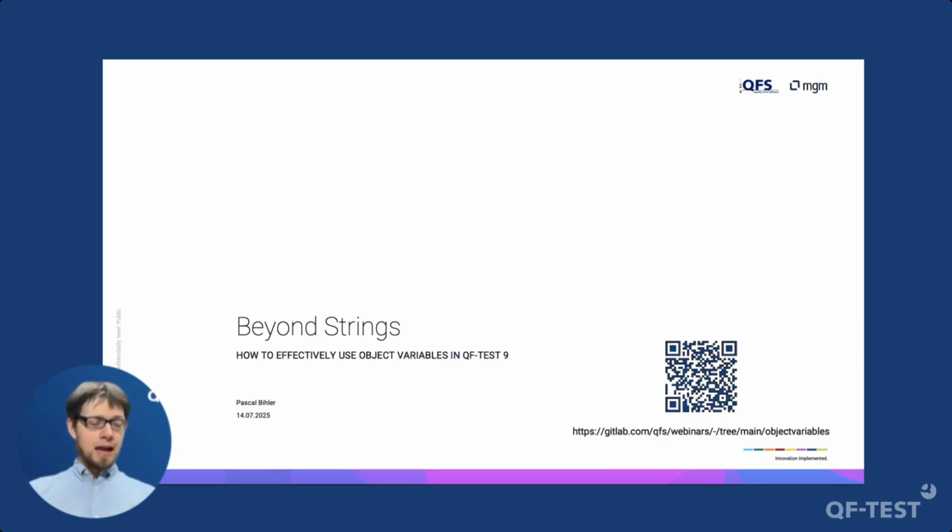By the way, in the end of the presentation, I will take two examples where we have a little hands-on session. You can participate by getting the preparation files from our GitLab repository.